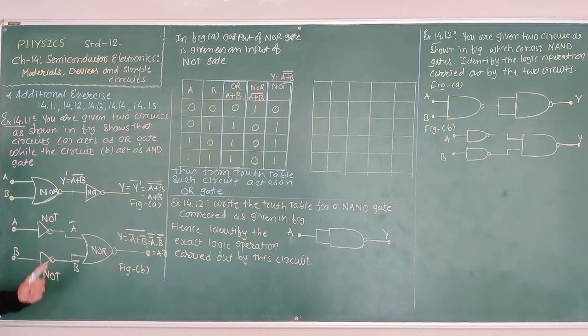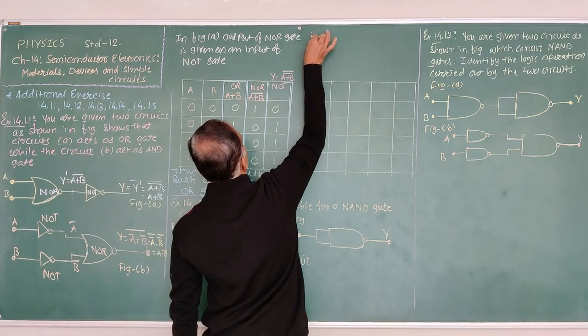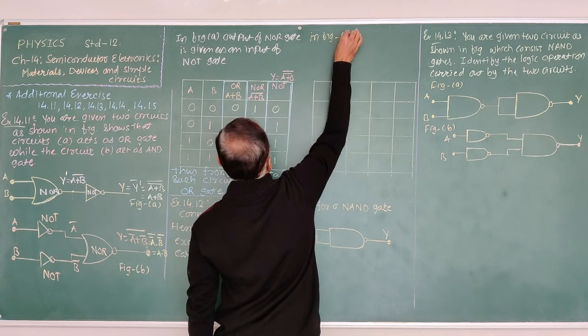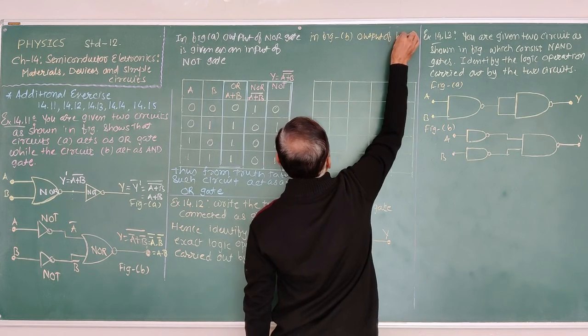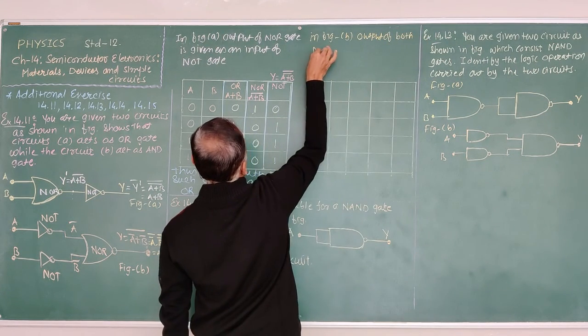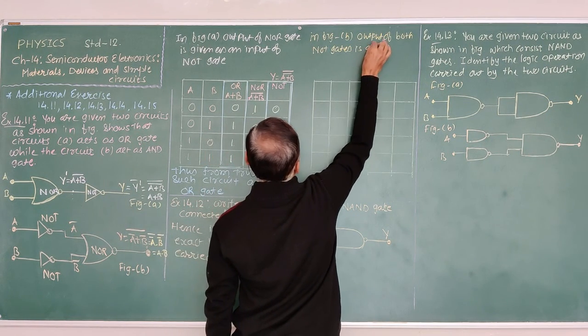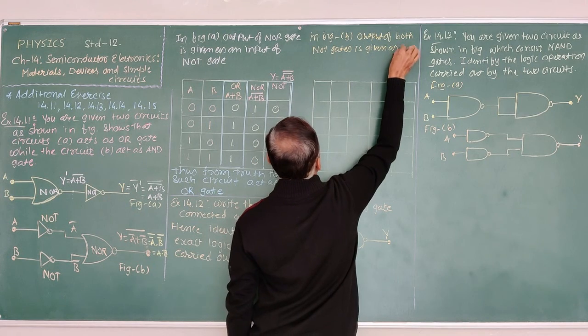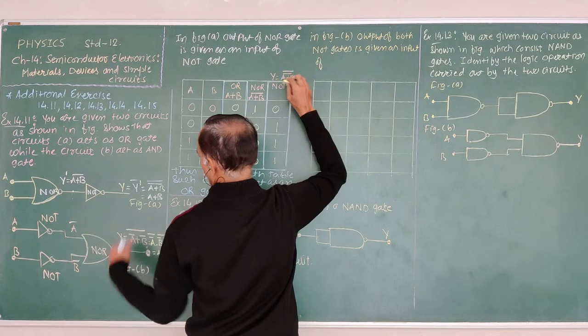So we are preparing the truth table. Before this, in figure B, the output of both NOT gates is given as the input of a NOR gate.